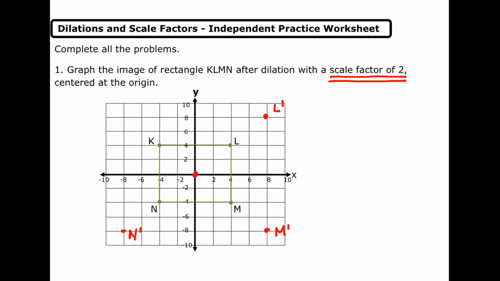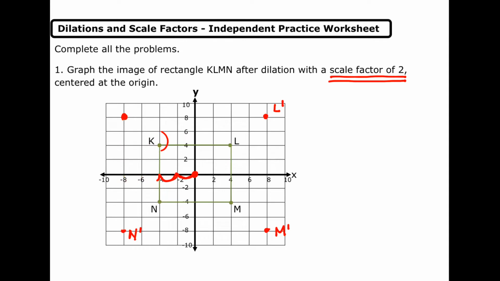And now we are going to dilate vertex K. So starting at the center of dilation, again, it's 2, 4 on the x-axis and 2, 4 on the y-axis. So we'll double those distances, 2, 4, 6, 8, and 2, 4, 6, 8.